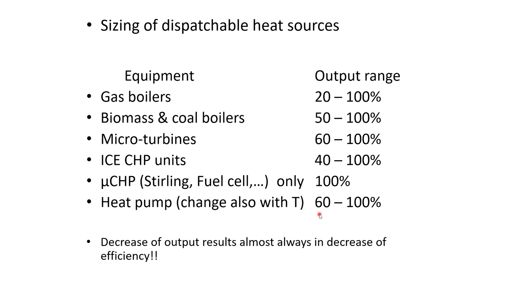But the typical range of power output is, let's say, 60 to 100%. And what is important to note is that when we are running any of these heat sources at part load, it will always be associated with a decrease in efficiency.